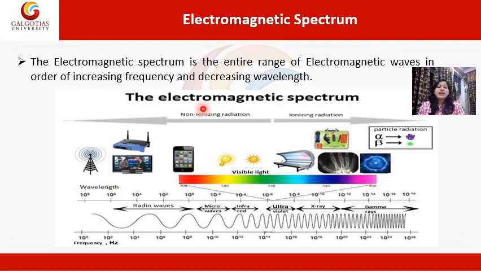In the electromagnetic spectrum, as we go from left to right, the wavelength gets smaller and the frequency gets higher. Means there is an inverse relationship between wavelength and frequency. That is, one goes up and the other goes down. This is because the speed of the electromagnetic wave is the speed of light.